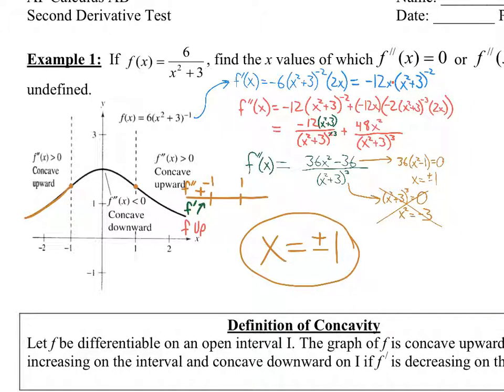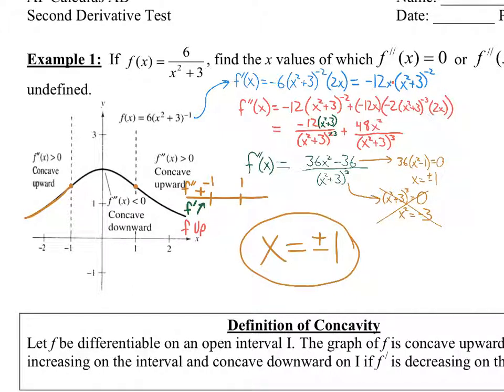If it's a critical point on the first derivative, and the second derivative equals 0 at 1 or -1, you'll have a point of inflection, which is a plateau point. If they're both 0 at the same point, you'll have a plateau point. We'll see that later.